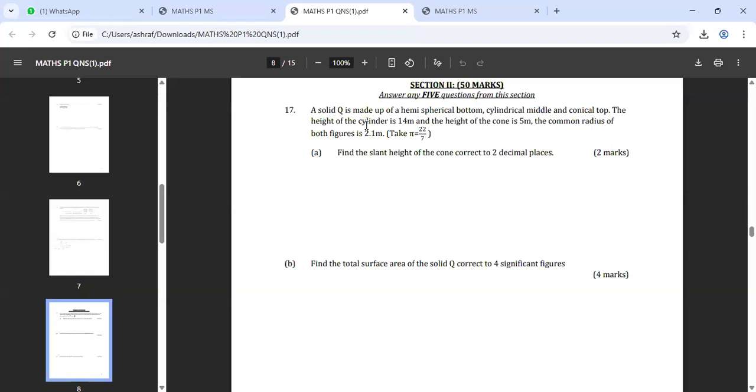So let's work it out and find the surface area. Get the three areas and then add. You can share your answers once you've gotten the surface area.